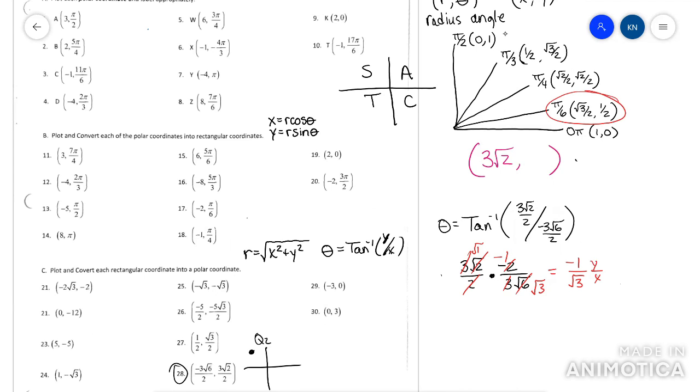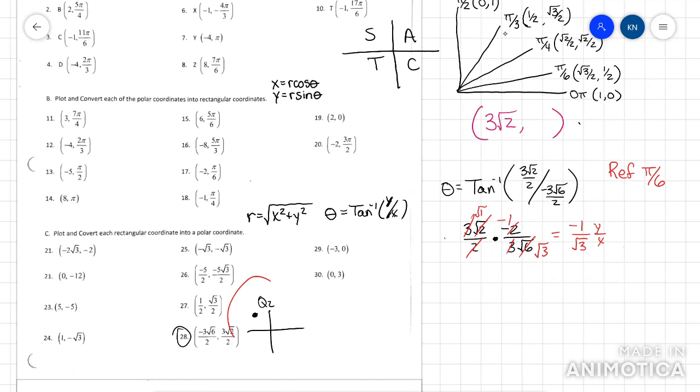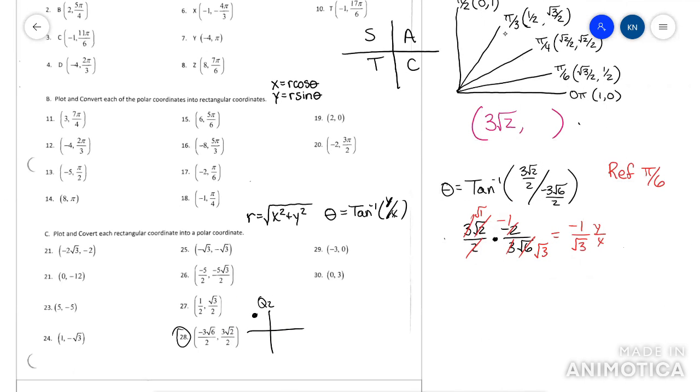That would be pi over 6. So this just basically tells you your reference is pi over 6. Then you need to be like, okay, well, I needed to be in quadrant 2 here. So in quadrant 2, that's 5 pi over 6. That was a rather difficult problem.